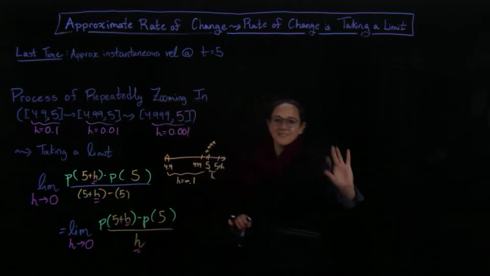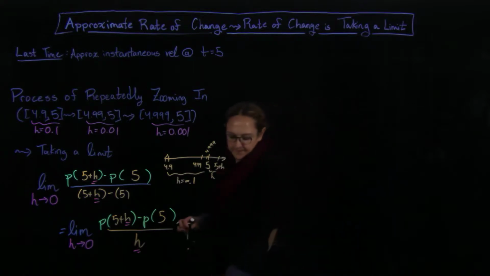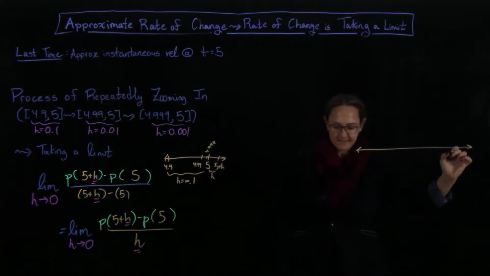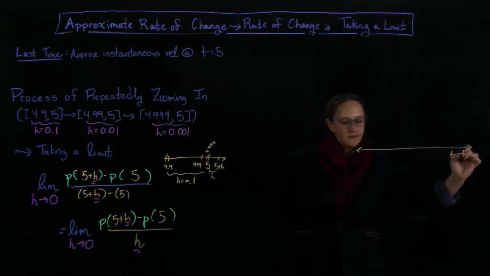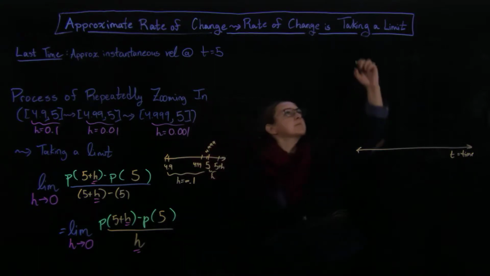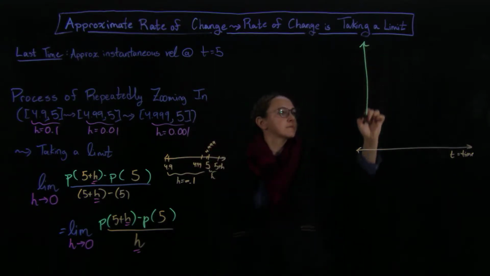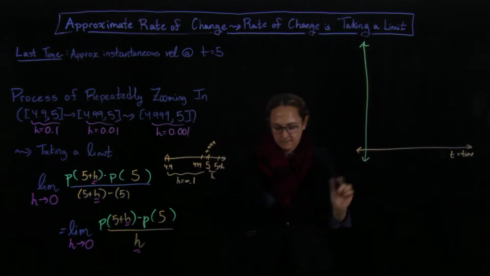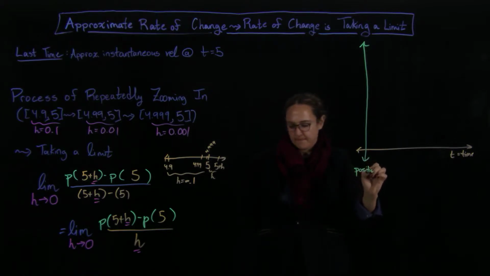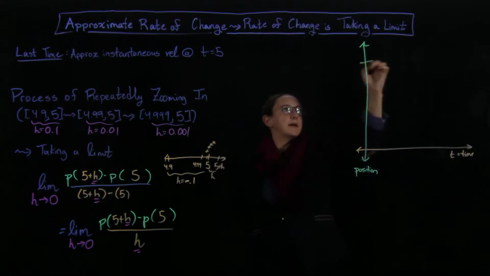Let's draw this as a picture over here. I have t, my time, and then I have my position. Maybe my p of 5 is here.